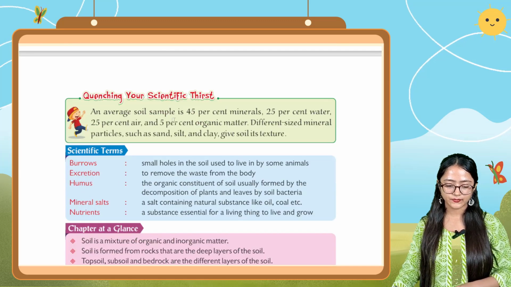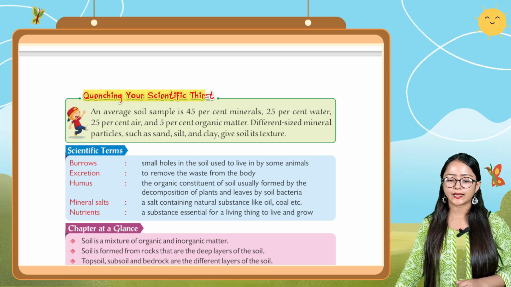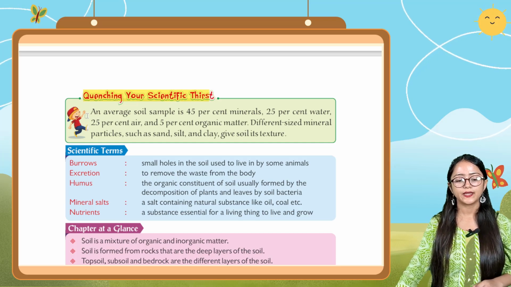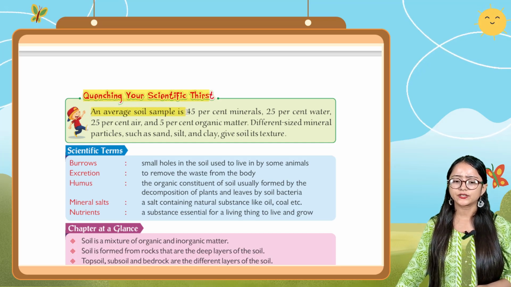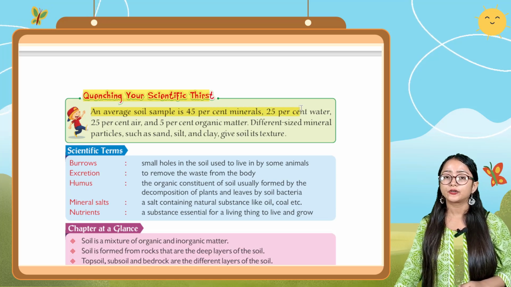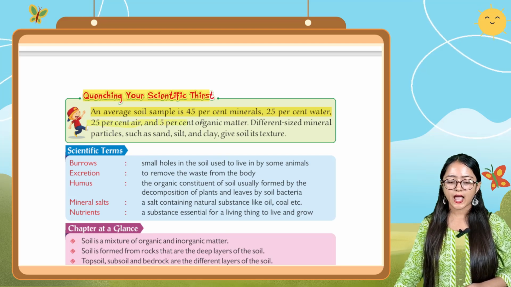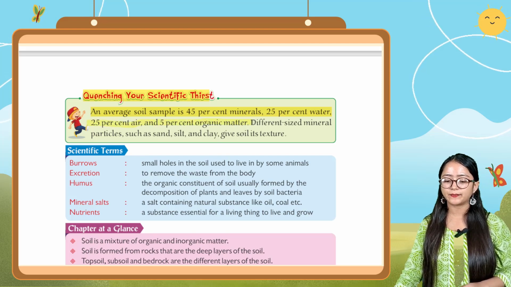Now we come to the point, quenching your scientific thirst. It says an average soil sample is 45% minerals, 25% water, 25% air, and 5% organic matter.